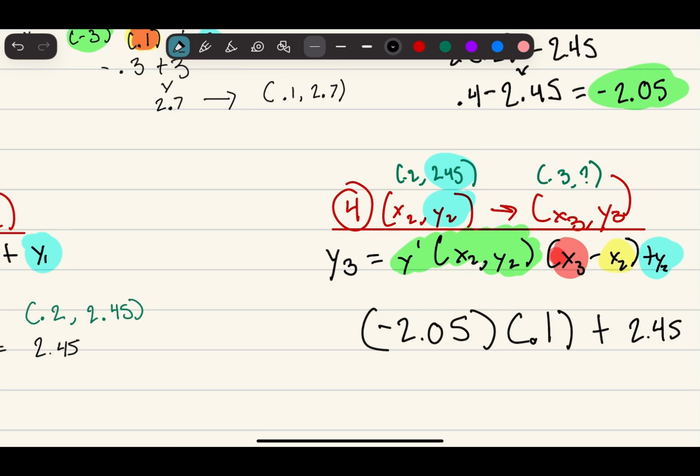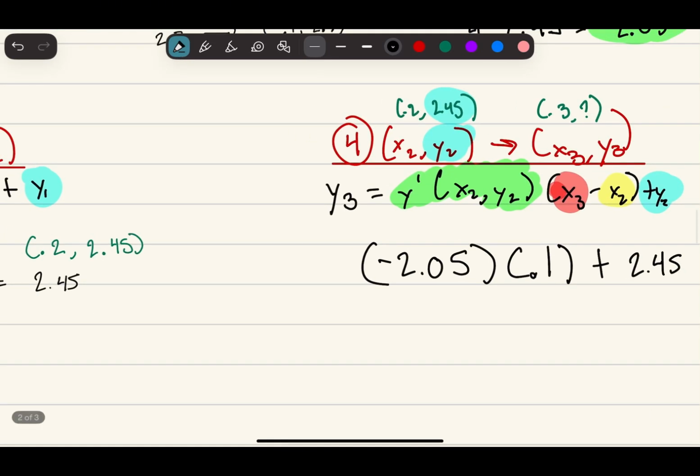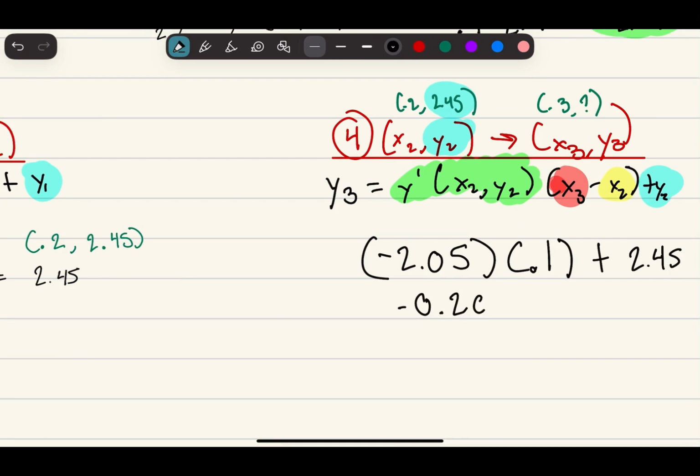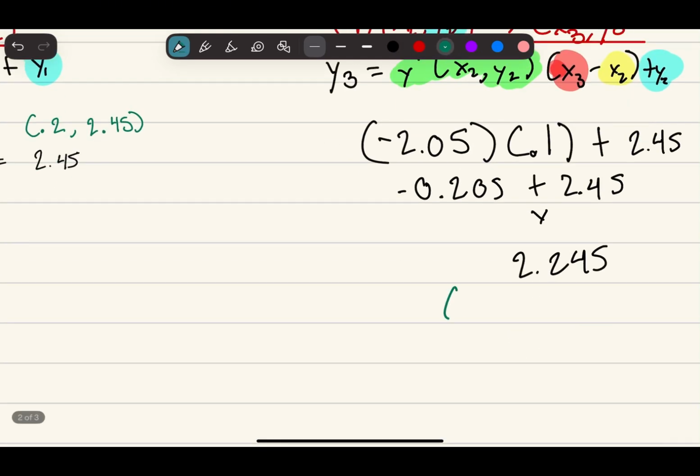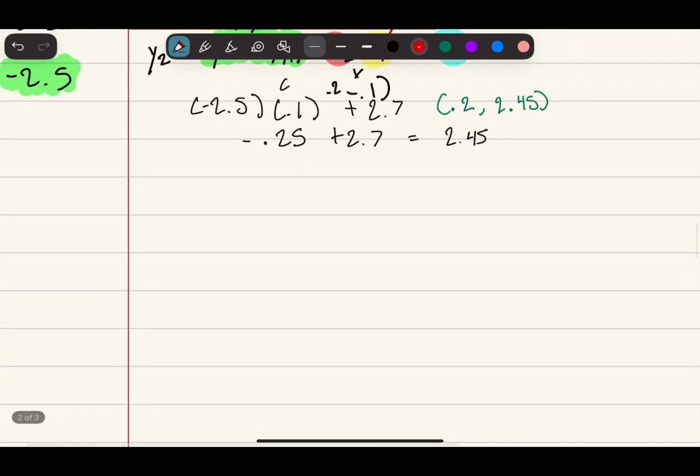Negative 0.205 plus 2.45. Boom, we get 2.245. And now we have 0.3, 2.245. Here we go. One last time.